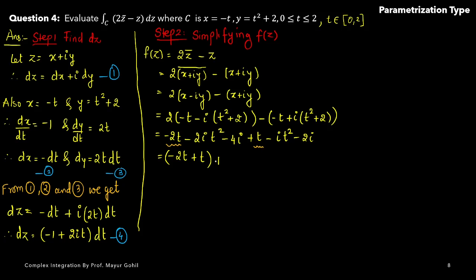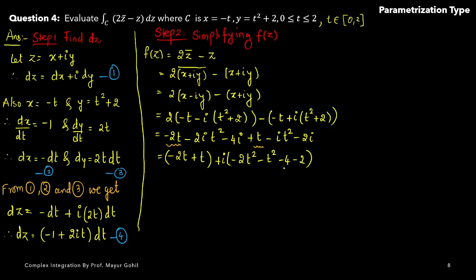Let us collect the terms with the imaginary part. So it is plus of minus of 2. I'll just take the i outside and keep the other terms inside, minus of 2t square. And here it is minus of t square, we could have simplified it a bit. Here we have minus of 4, and this is going to be minus of 6.